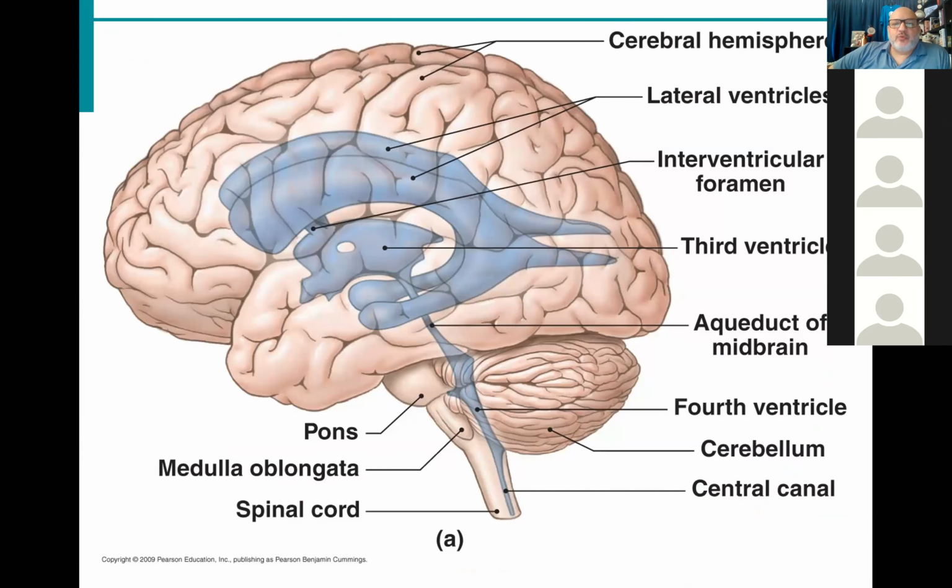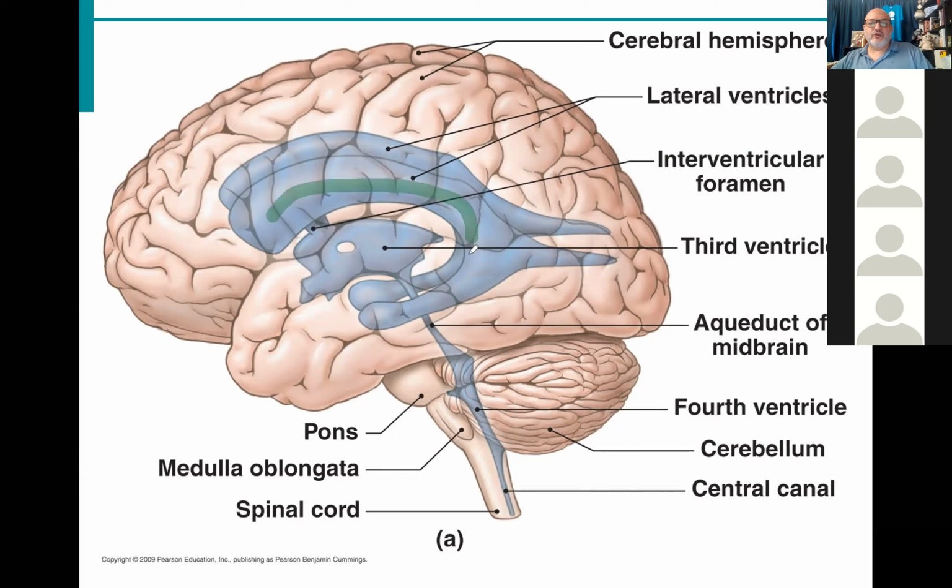The last protection we have to talk about in relationship to the brain and spinal cord, and vertebral column, not vertebral column, sorry, and brainstem, brain and brainstem, is the spaces in between our ventricles. Notice this great picture from your textbook does a really nice job of showing these.